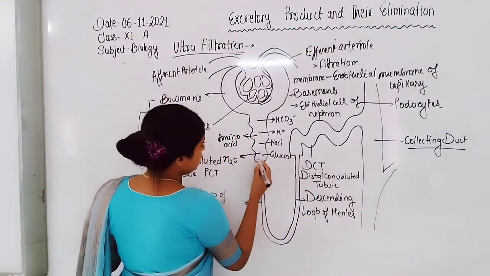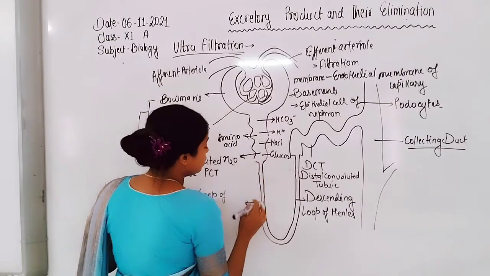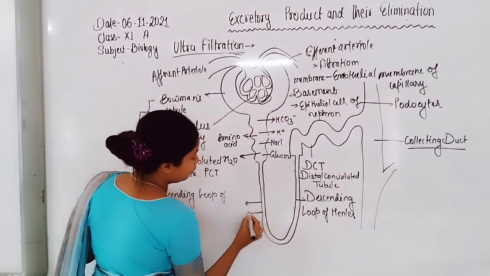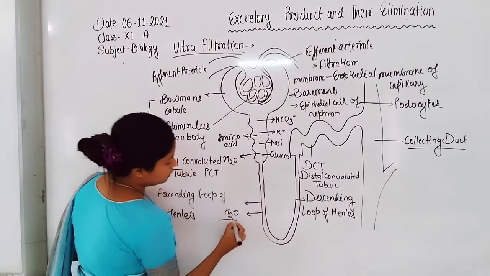So the filtrate finally transfers into the loop of Henle. The loop of Henle again reabsorbs water.